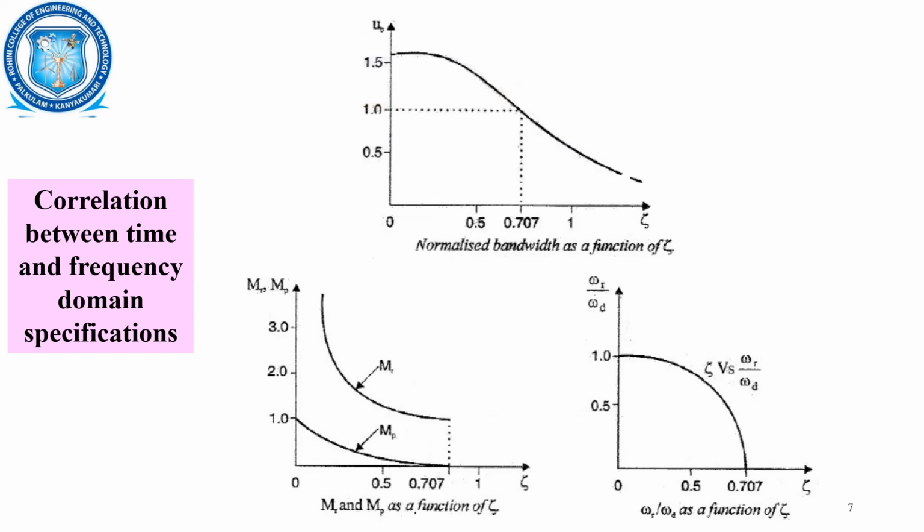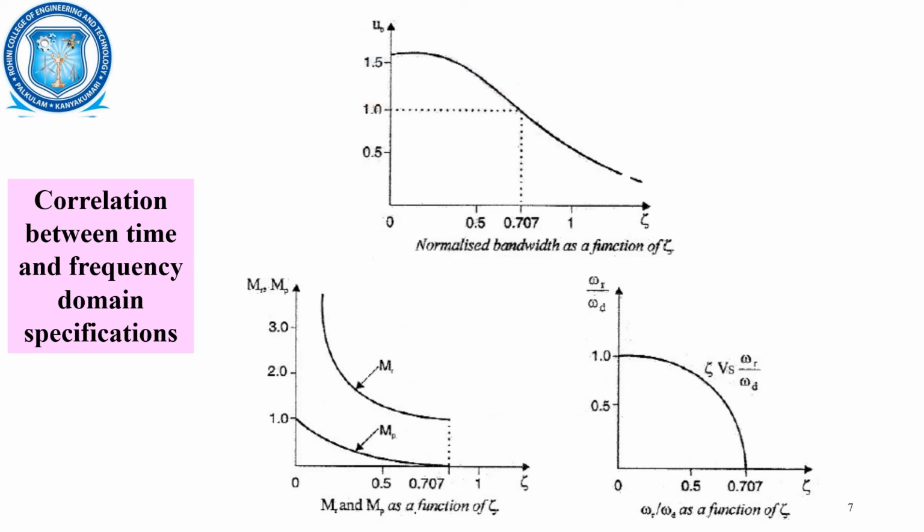Now looking at the normalized bandwidth, as zeta increases and reaches 0.707, the ub value, that is the bandwidth value, stays at 1 while plotting ub with respect to zeta.